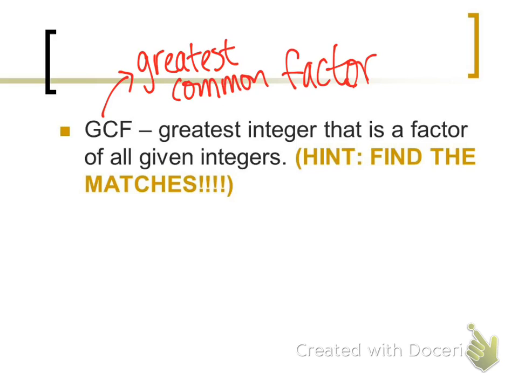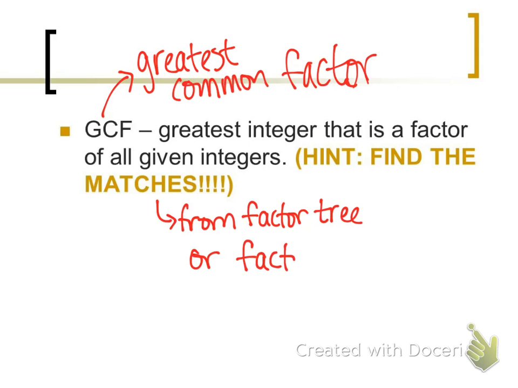Okay. The hint is to find the matches. When they say find the matches, they mean from the factor trees. So you could put that down. So either from the factor tree, or if you list out all of your factors, from factor tree or factor list.